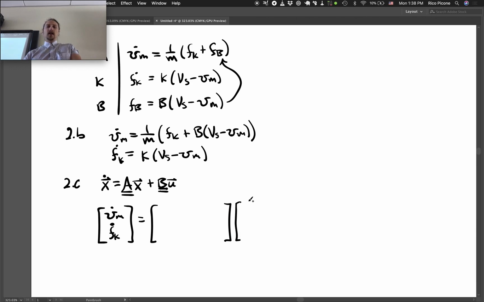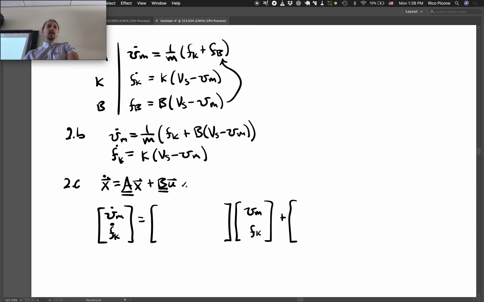So the 2 by 2 multiplying the x vector, which we'll write out, Vm, Fk, plus the B matrix, which has to be a 2 by something because it has to add to the 2 by 1 vector. So 2 by something multiplying u, which is a 1 by 1 vector.